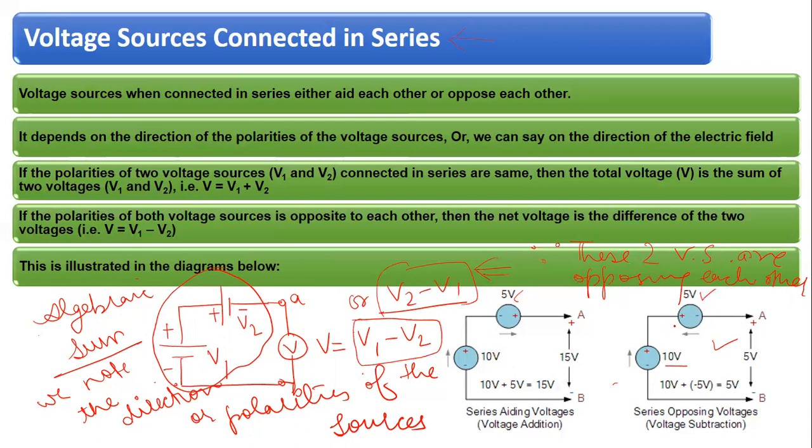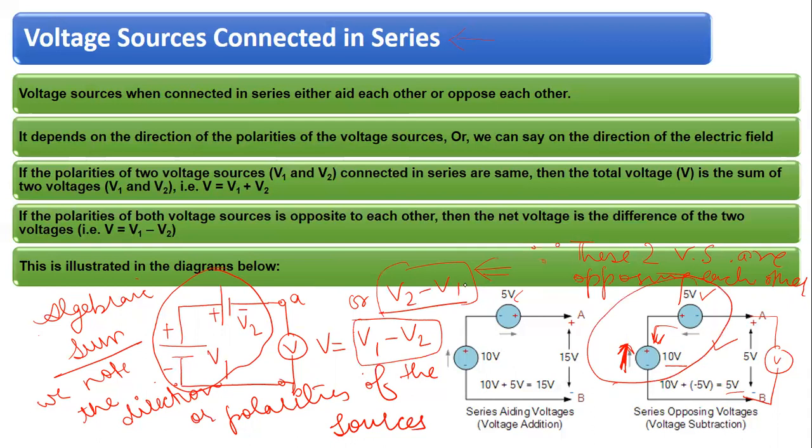They are opposing one another, means their direction is not the same. Its direction is in this way, this side, and you see it is in this direction. The voltage is in this direction, right? So the net voltage, when you connect a voltmeter here, or you apply the network rule here, you will get the voltage equal to 5 volt, means the difference of these two voltages.